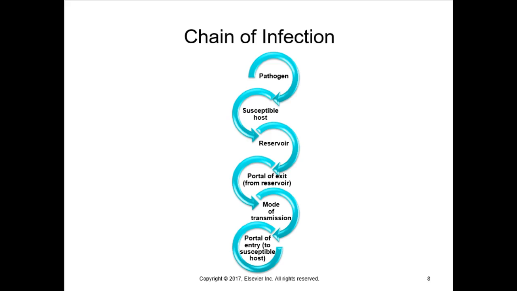Kids are very susceptible because they're always touching everything, and then they put their hands in their mouth or a finger in the nose, or they rub their eye, and that's how they get that entry very quickly.